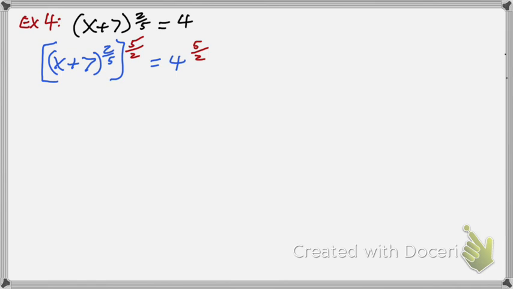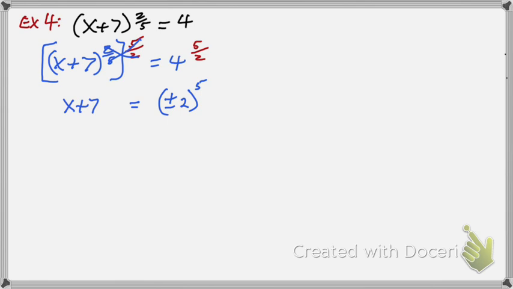Thank you, sir. And that means over here, I just get x plus 7. And over here, on the right, I'm going to take the square root of 4. And I'm going to raise that to the 5th power. So again, we're going to have two possible solutions.